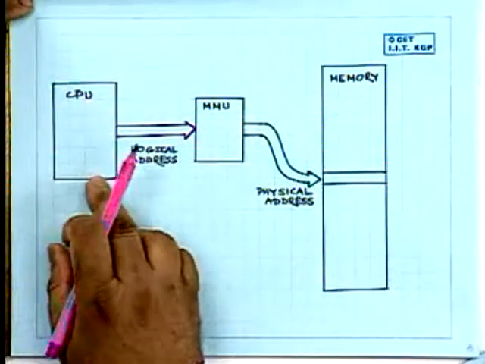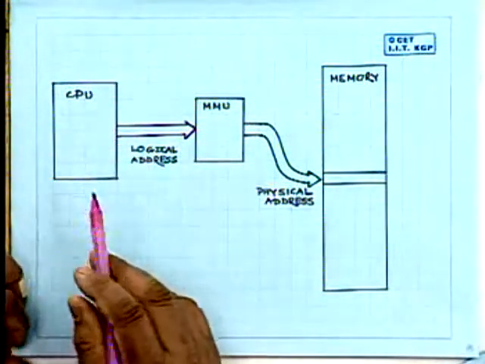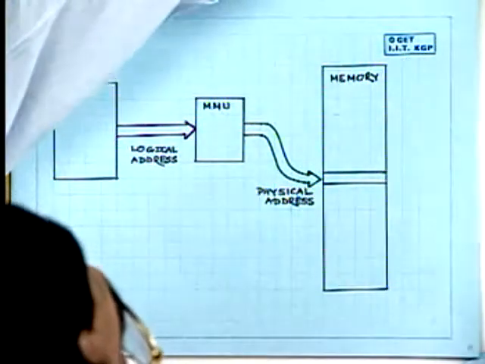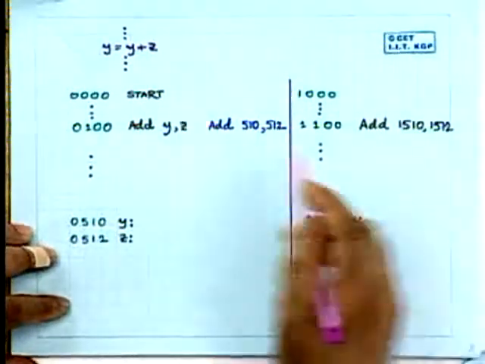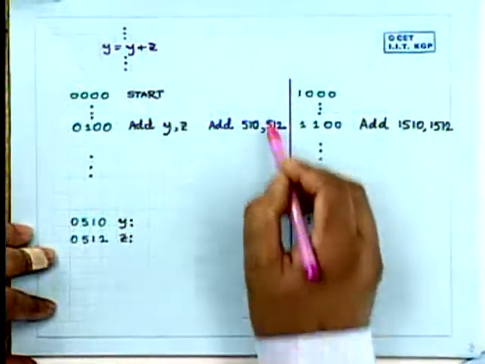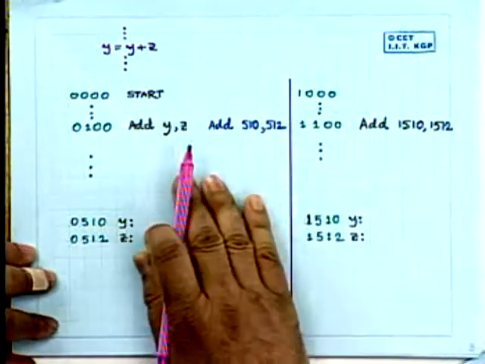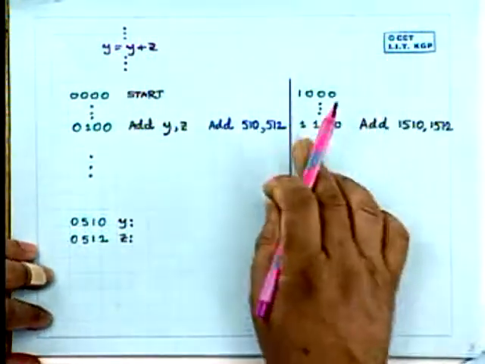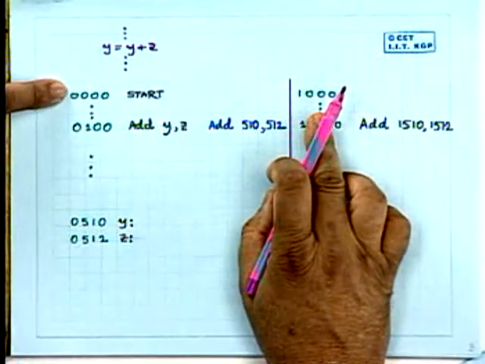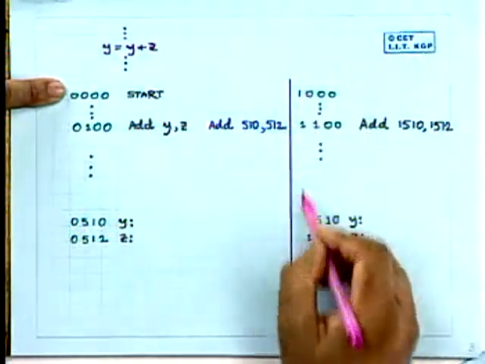Here you see, we have the CPU, and the CPU generates a logical address. If we come back to this slide, this we call the logical address space. When we map this entire program into physical locations, say starting from somewhere other than 000, into actual physical memory, we call this the physical address.